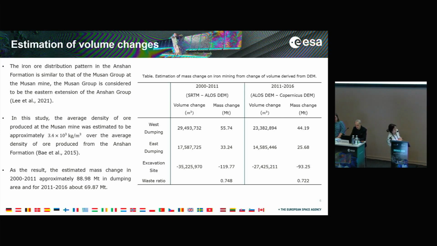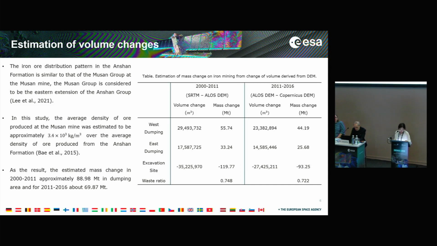This result is our estimate of volume changes. The iron ore distribution pattern in the Ansan formation is similar to that of the Musan group at the Musan mine. The Musan group is considered to be the eastern extension of the Ansan group.